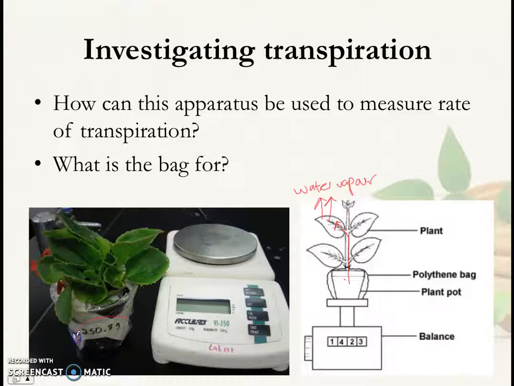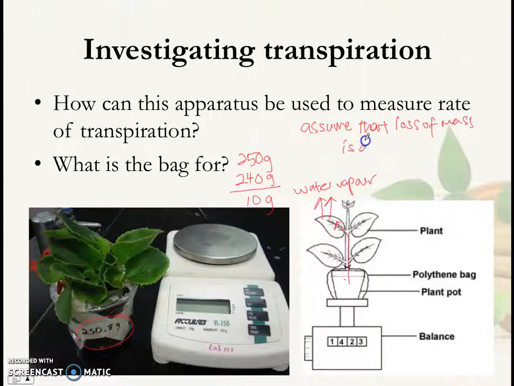So maybe we began with about 250 grams, right? The plant and the pot and everything. And after 1 hour, we find that the mass drops to 240 grams. So there's a loss of mass of 10 grams. Now again, we assume that the loss of mass is due to transpiration alone.